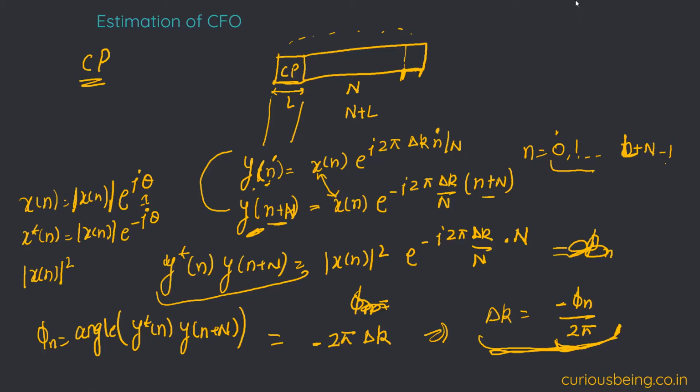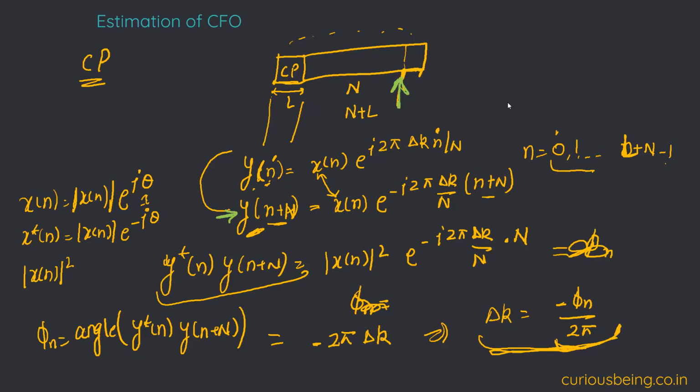So, Pulkit, your first expression starts at the beginning of the CP, the first sample, and the last sample is this one. You are trying to measure the correlation of sample 1 with sample n plus N in terms of the phase.